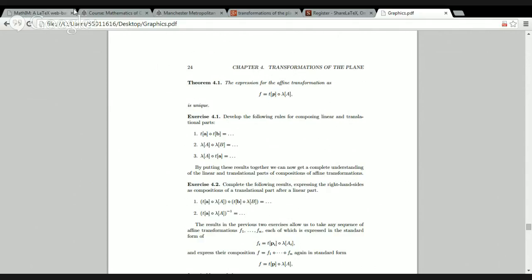Okay. And then the inverse. Well, the inverse of a composition we know is the composition of the inverses, but in the opposite order. And then that brought us to the expression: we're going to have the linear transformation represented by A inverse.